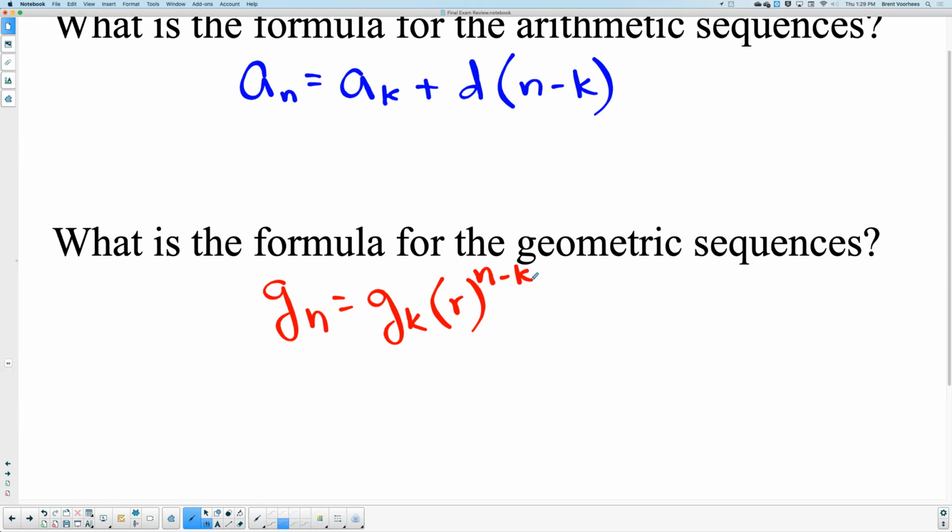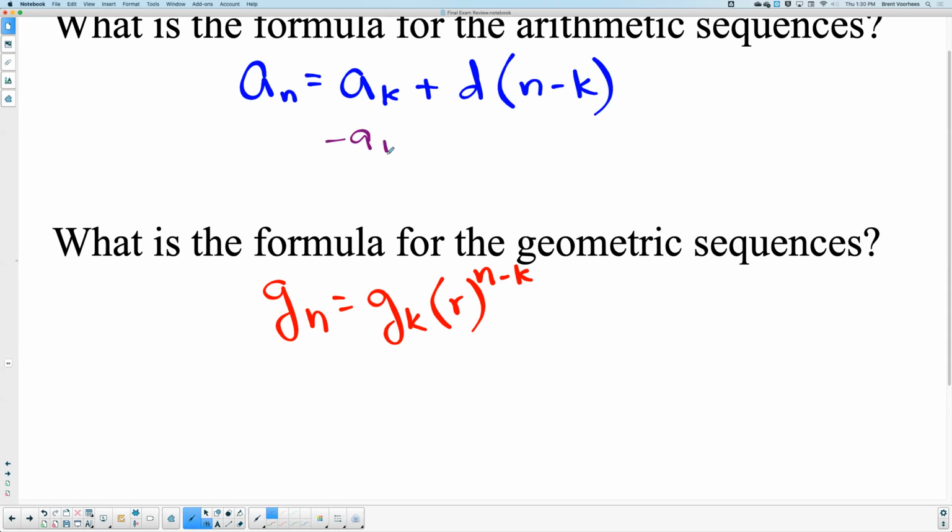Anything you need from that, you can manipulate that formula. For example, if I gave you two terms and I wanted to know the common difference, just manipulate the formula. How would you get rid of the A_k over here? Subtract.